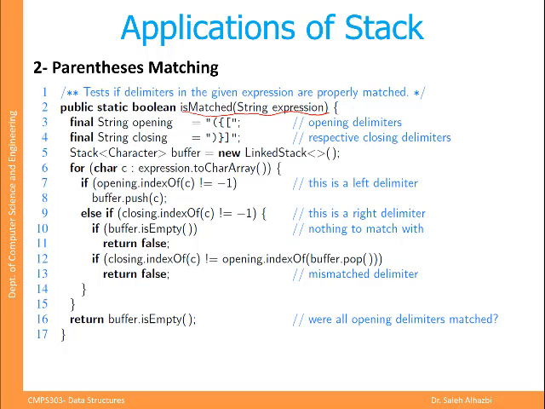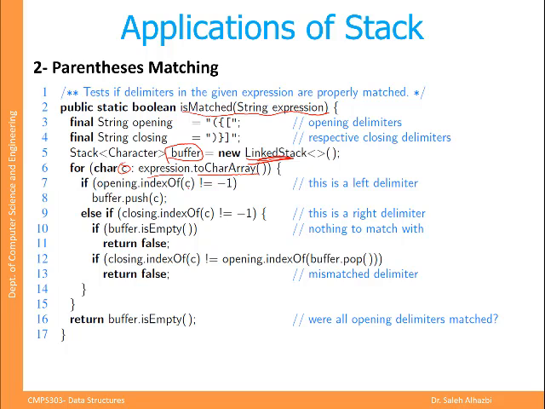Closing contains the closed ones, and here what we do, we declare a stack, call it buffer, which is of type linked stack, and we call toCharArray, so it converts the string to an array of characters, and each time we get c, which is a character. So we trace all the characters in that string, but now as characters.